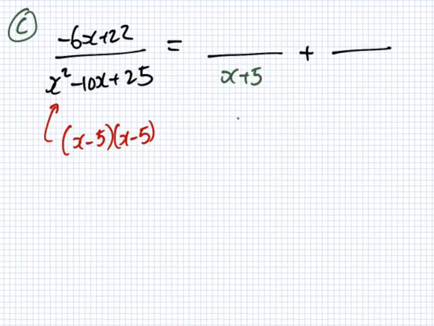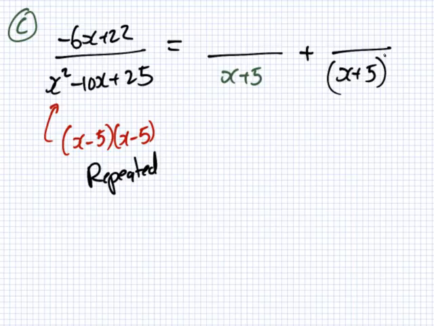So what you do when you have what's called a repeated root, you write the root again, but this time you square it. This is the way you deal with a repeated root. Oh, sorry, I wrote pluses, didn't I? Thank you. x minus 5, x minus 5.